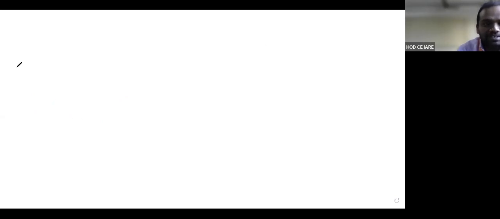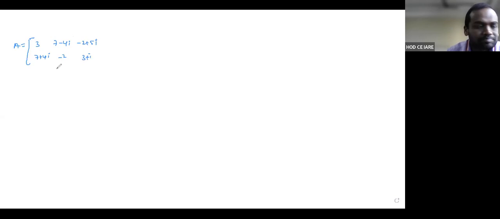Okay, look at the question. If capital A is equal to the matrix with rows: 3, 7 minus 4i, minus 2 plus 5i; 7 plus 4i, minus 2, 3 plus i; minus 2 minus 5i, 3 minus i, 4.